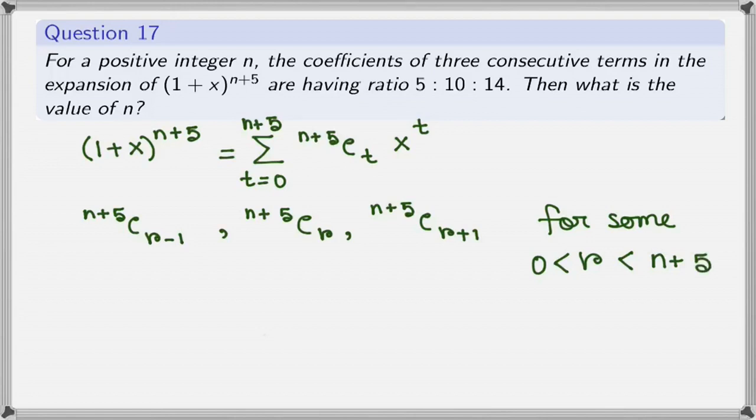Now, as we know that these coefficients are having ratio 5:10:14, we can write (n plus 5)C(r minus 1) is equal to 5k, (n plus 5)Cr is equal to 10k, and (n plus 5)C(r plus 1) is equal to 14k for some k.